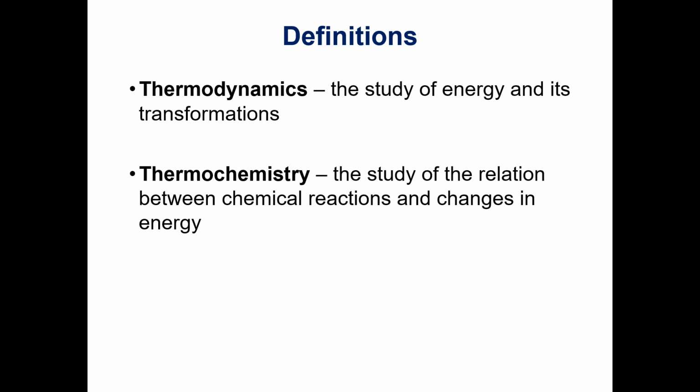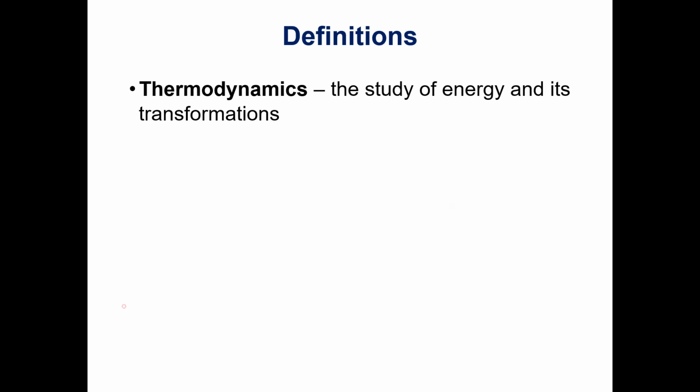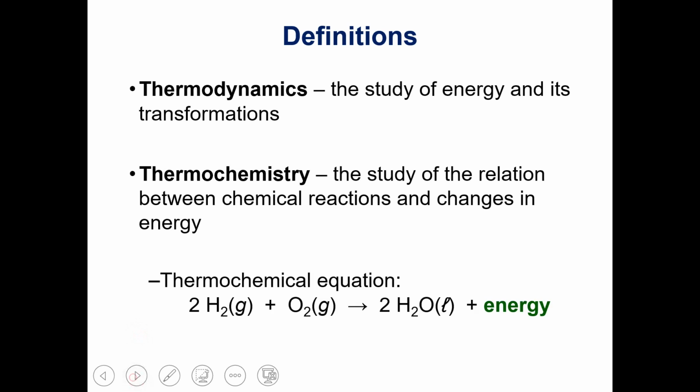So we will look at the energy changes that occur when we break down reactants and form products, and whether we require energy for that overall process or whether we release energy. So for example, you're used to seeing this part of the equation.